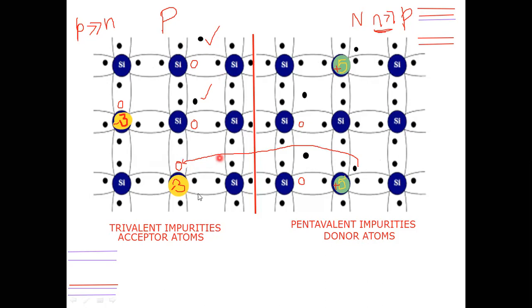If you see in this example, there are only 2 electrons and I have 4 holes here. Here there are a lot of electrons. This is a free electron, this is a free electron, this is a free electron, and there are fewer holes here. So due to the process of diffusion, let us suppose this fifth electron, which is loosely bound to the atom, is acquiring energy and moving from n side to p side, and it is filling this hole.